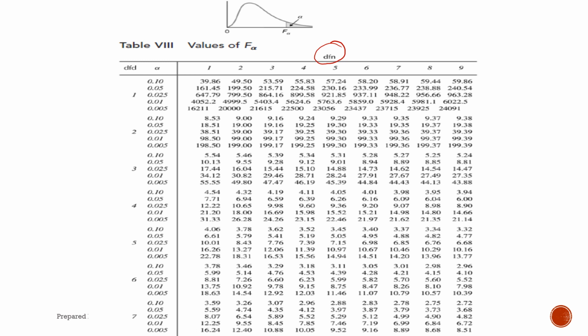Then we have DFD, where the last D means denominator. The numerator parameters are listed across on top, and the denominator ones are listed in the first column.